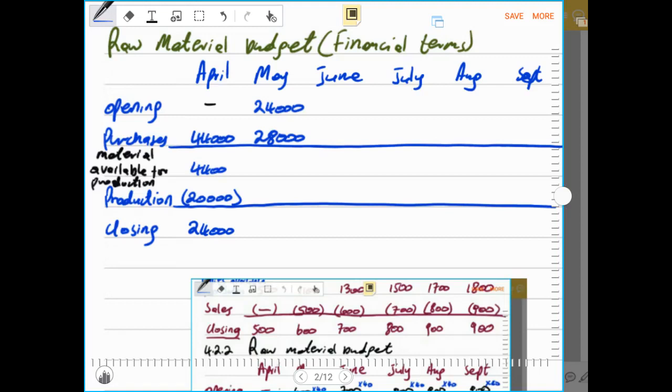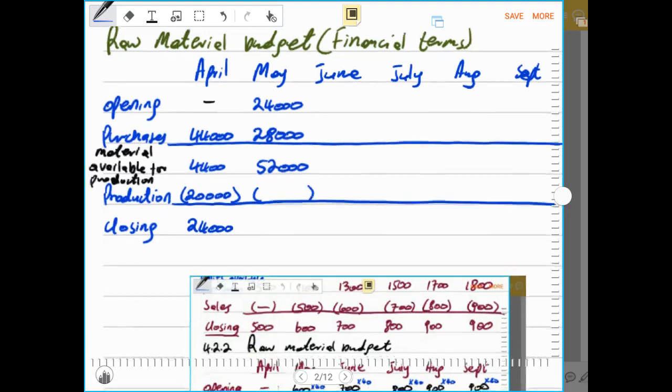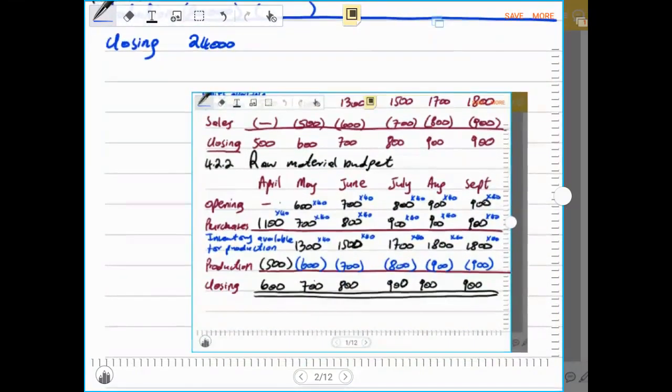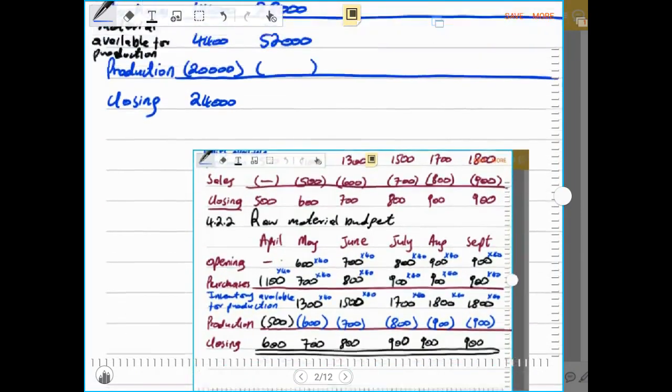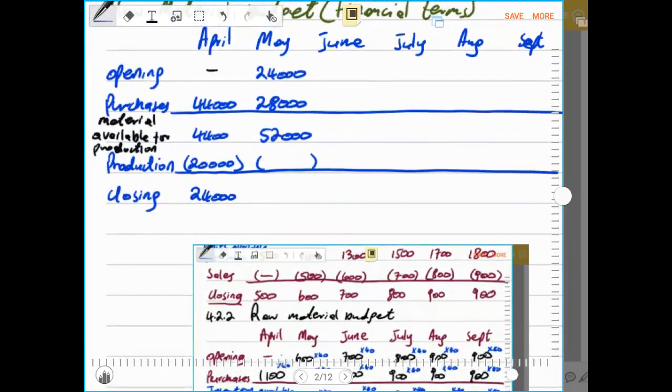Then 24 plus 28 will give us 52,000. And production for this month is given as 600 tons by 40, and 600 by 40 will give us 24,000. Then closing will be 28,000.